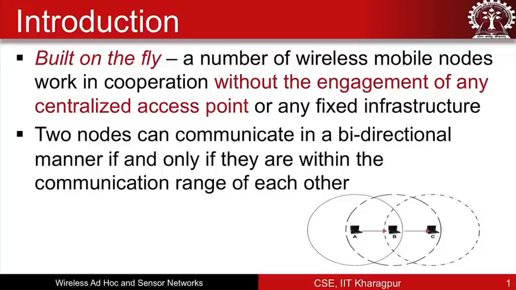Two nodes can communicate in these networks in a bidirectional manner if and only if they are within the communication range of each other. This is something that we already know, and it is quite intuitive as well.